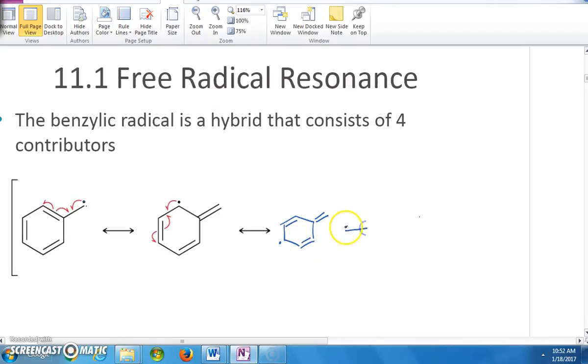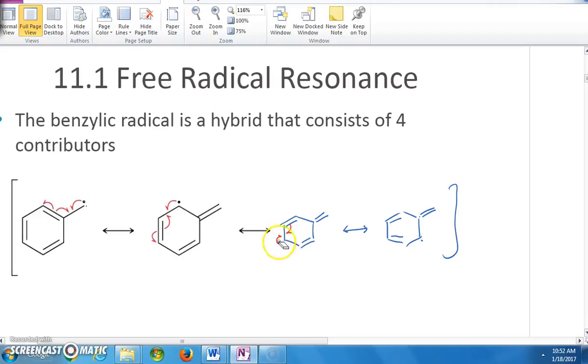And by this time delocalized, you're going to have this electron here, like so. And by the time you have this delocalized, you will have arrived at what you started with. You see? And so if I'm going to draw the resonance forms here, all I need to do is go like this and go like this.